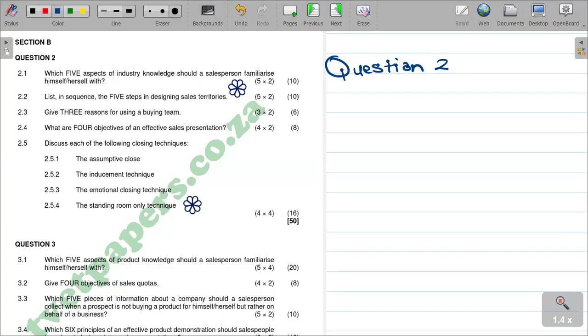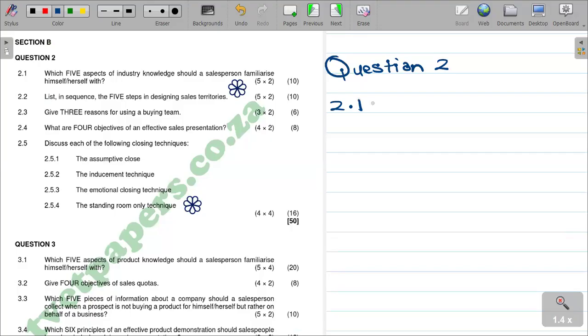The question reads 2.1. Which 5 aspects of industry knowledge should a salesperson familiarize him or herself with?